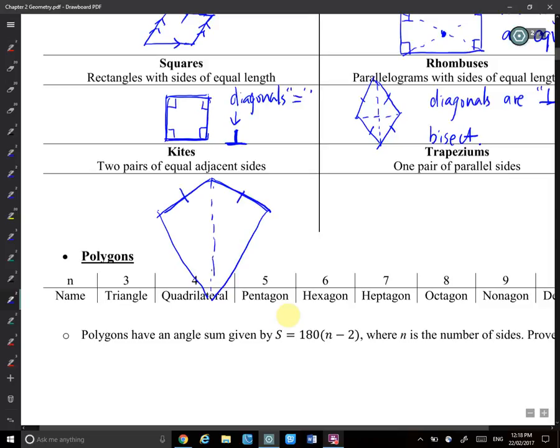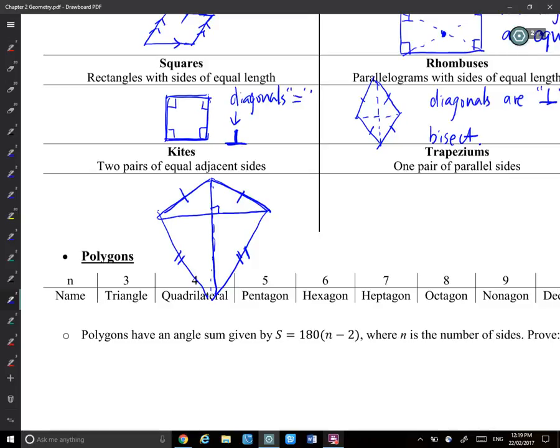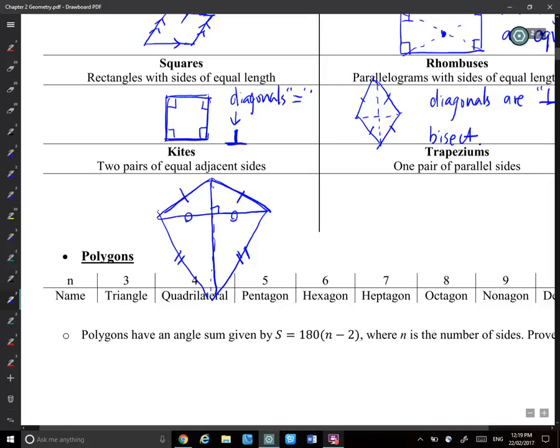This one equals that one, and those 2 will be equal. The diagonals are perpendicular, but do not bisect each other. One diagonal will be bisected, but the other one will not.